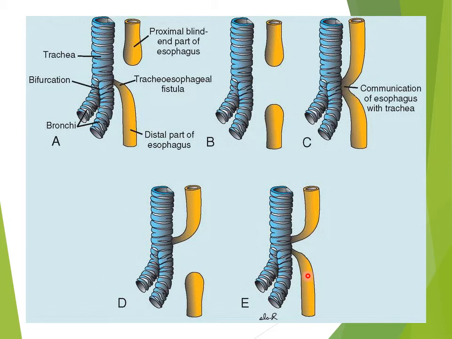Here this is again H-shaped, but the distal and proximal portions of the esophagus open at separate levels. In this one, they communicate jointly, both proximal and distal tubes communicating together. But here the proximal tube communicates separately and the distal tube also communicates separately. So these are the different types and varieties of tracheoesophageal fistulas.